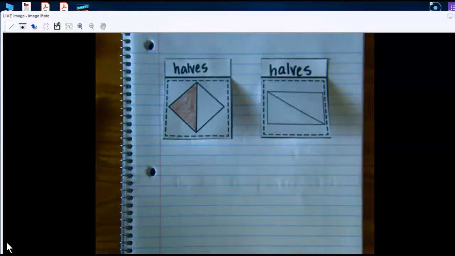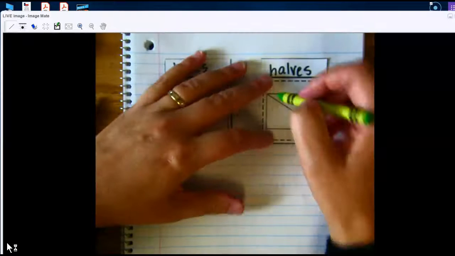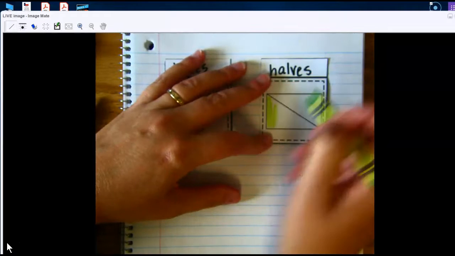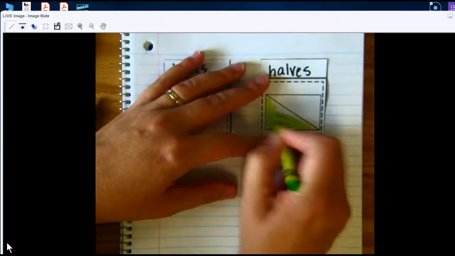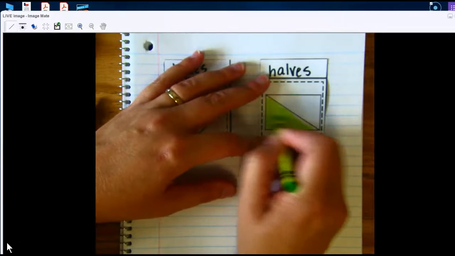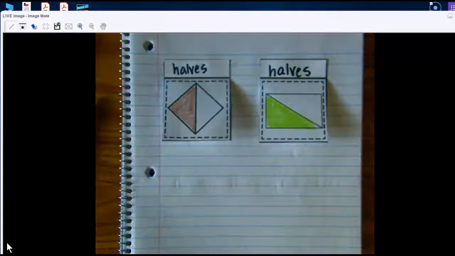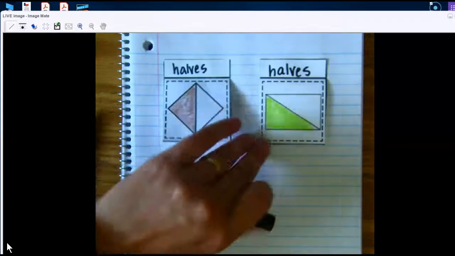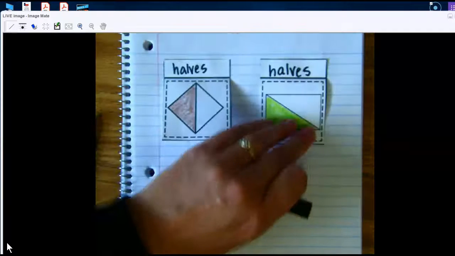And we're going to color 1 of the halves, 1/2. And we're going to write 1 is colored over with the line. When I say over, it's the line. 2 total parts. 1 half, like that.